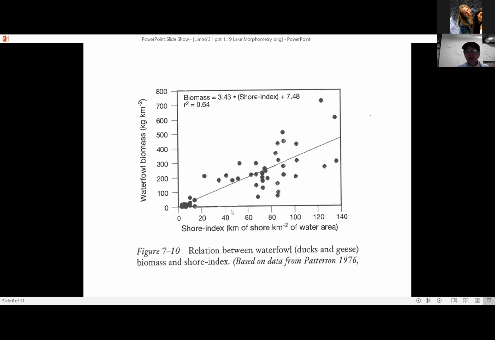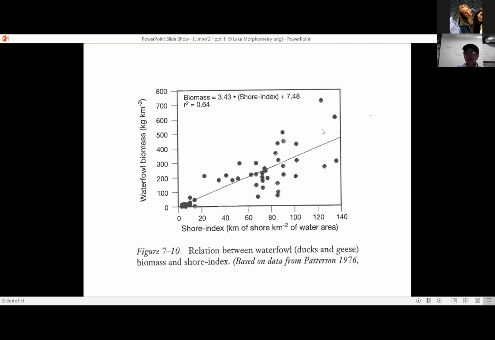Anyway, what you see is that the more complicated the lake is, the greater the relative shore length is. Relatively speaking, is there a lot of shoreline on this lake or just a little bit? For a lake of that size, that's a lot of shoreline. Versus for a lake of that size, there's not a lot of shoreline because it's very circular.